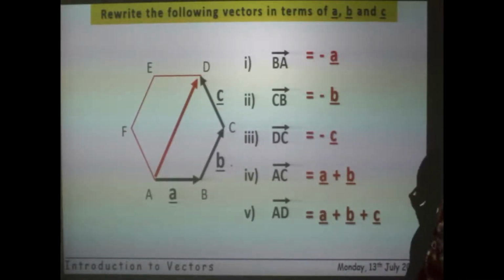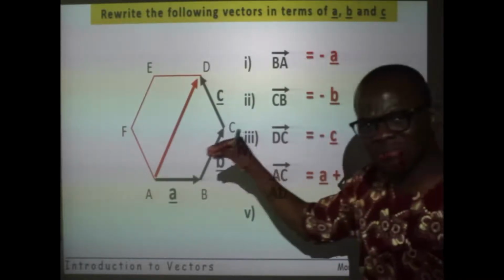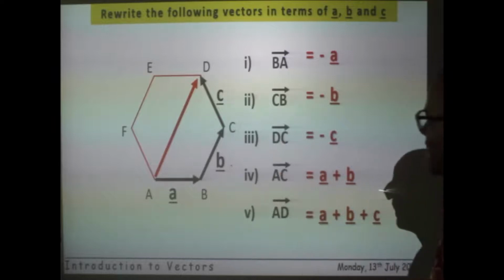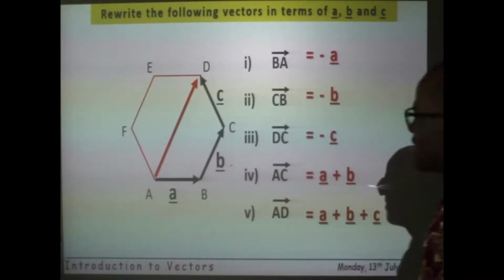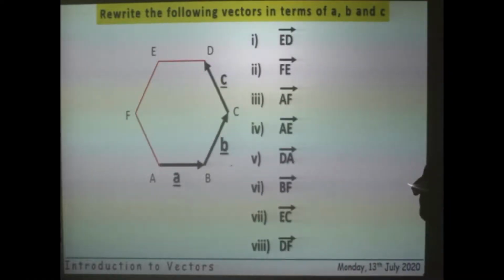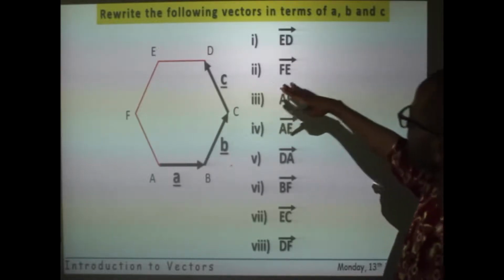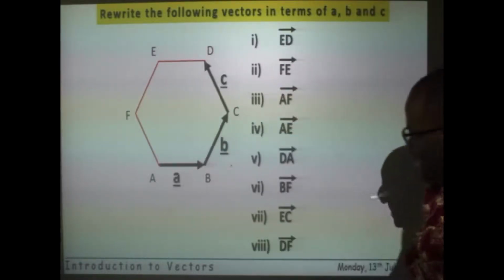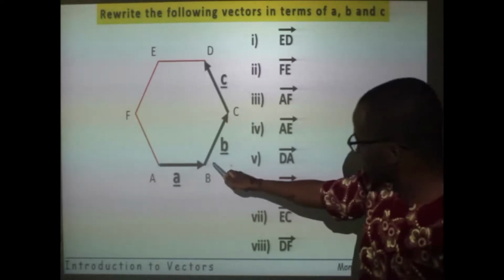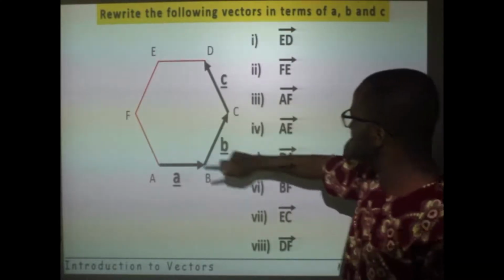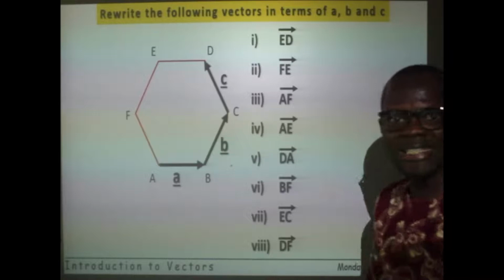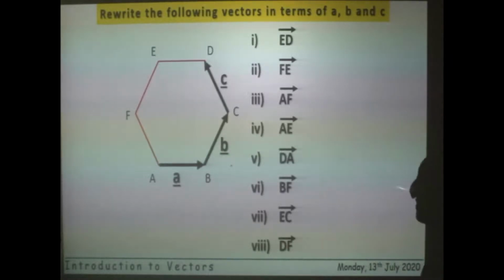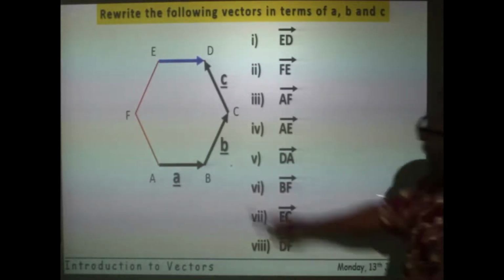And that's it. Now, if you got that, I'm going to give you some more interesting and slightly tricky examples. Again, you're going to have to rewrite the following vectors in terms of A, B, and C. Now, there's your A, there's your B, and there's your C. So let's start. The vector ED. Aha!